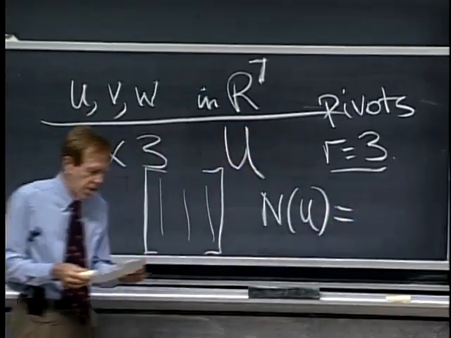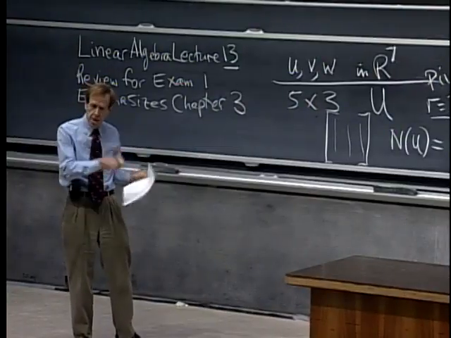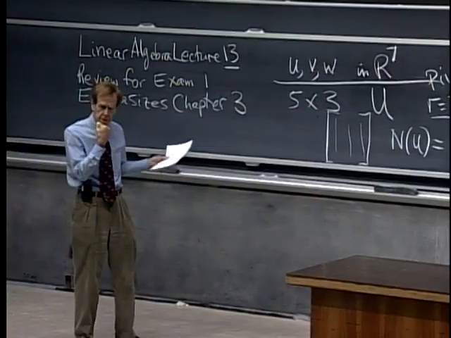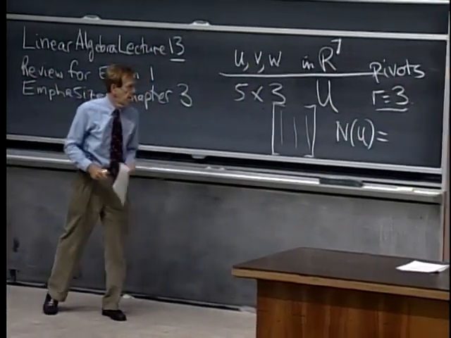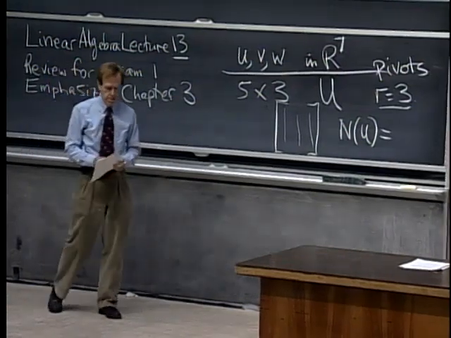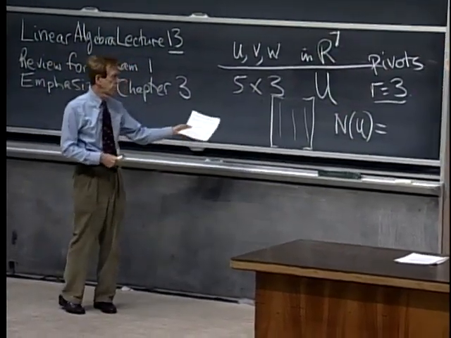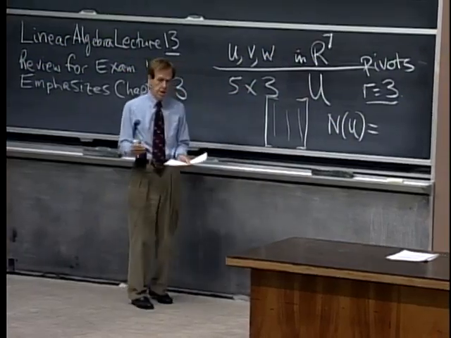The null space of U is, and of course I'm looking for an answer that isn't just the definition of the null space, but is the null space of this matrix with this information. And what is it? It's only the 0 vector, because we're told that the rank is 3, so those 3 columns must be independent.